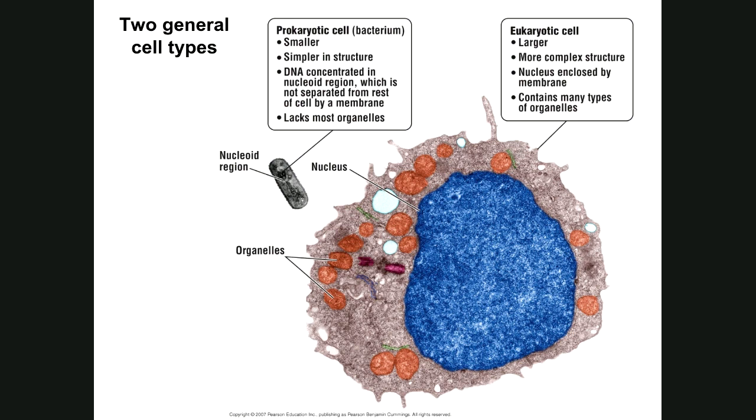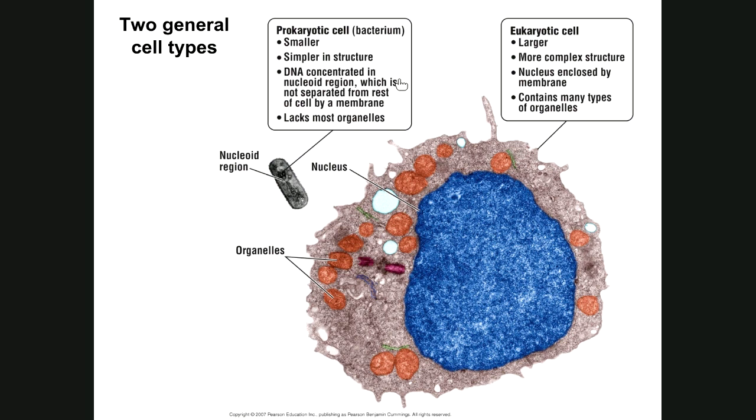But I also talked about there being two general cell types, and initially when they were naming and classifying living organisms, they divided them up based on whether they were prokaryotic or eukaryotic. As time passed, they realized that just because two different species are prokaryotes doesn't mean they're alike, so we talked about how they're divided into 3 domains. But for now, I want to look at just the two general cell types.